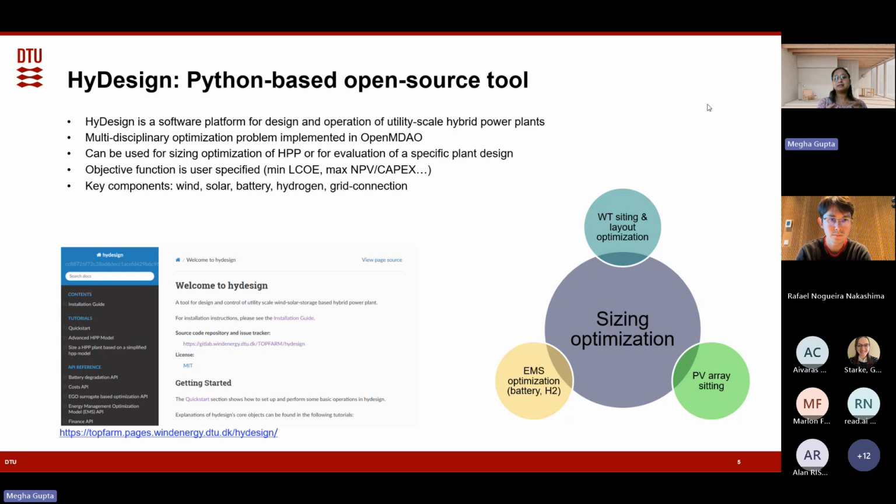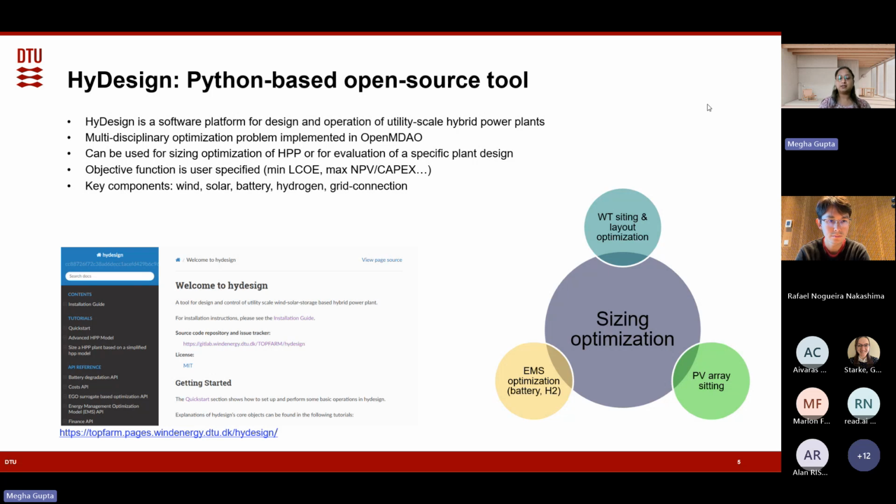Since all these individual problems come from different backgrounds and have different characteristics, they cannot be modeled in the same way. That's why we have used the OpenMDAO platform, where this can be modeled as a coupled optimization, and each component can be linked with another component, even for a completely different purpose, and we can use the output of one component as an input for another component.